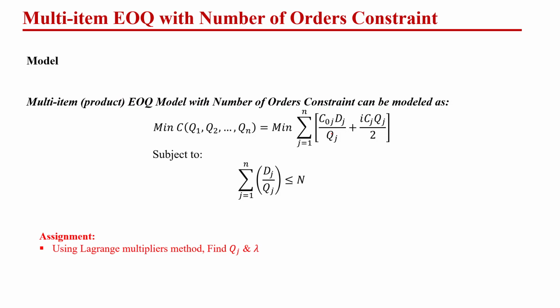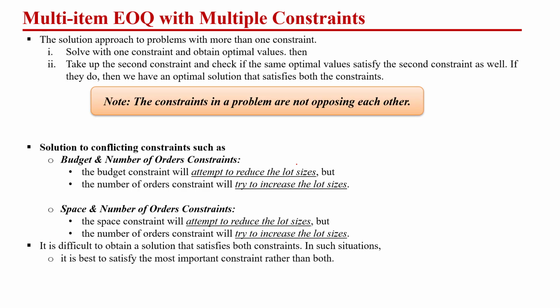Now let's say we have the constraint of number of orders. Again the objective function is the total cost, subject to the number of orders formula, that is demand divided by the economic order quantity of that product must be less than the number of orders. Again you can find the optimum qj as well as lambda using the same logic.